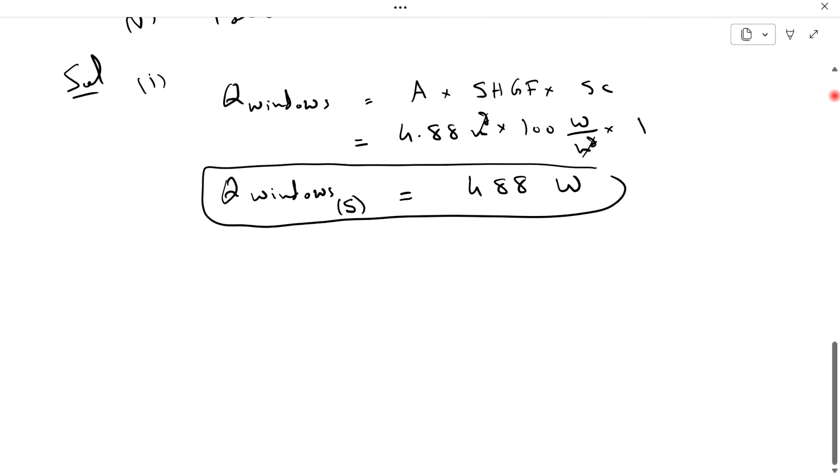Now part number 2, find the infiltration load, sensible plus latent.